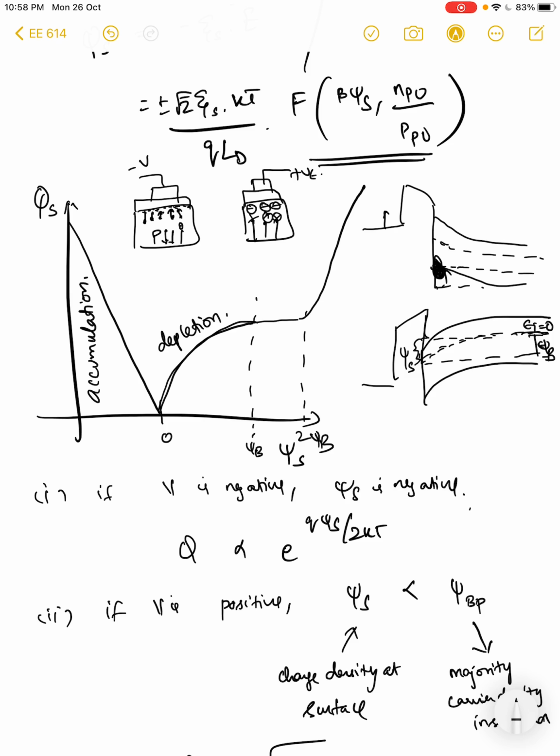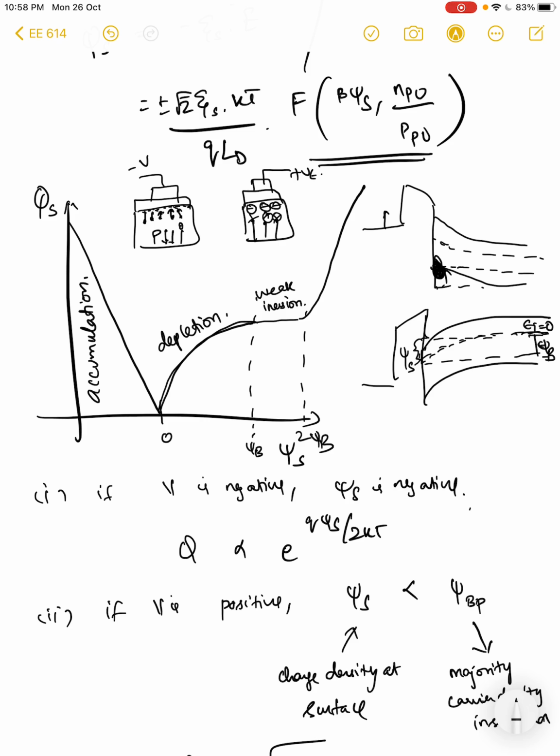The more I move, the conduction band becomes dangerously close to the Fermi level, and then I will start to have some weak inversion. In the weak inversion regime, I start to populate minority carriers, so basically you are populating more and more minority electrons in a p-type semiconductor, and hence it is called inversion.